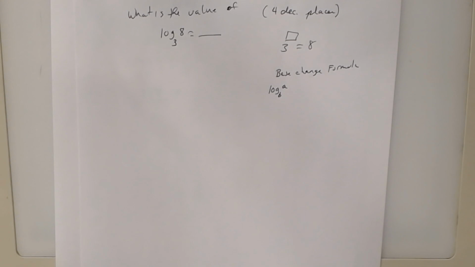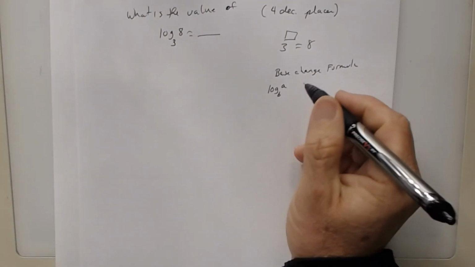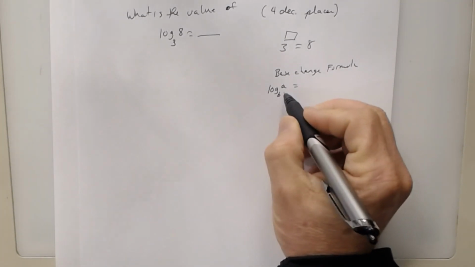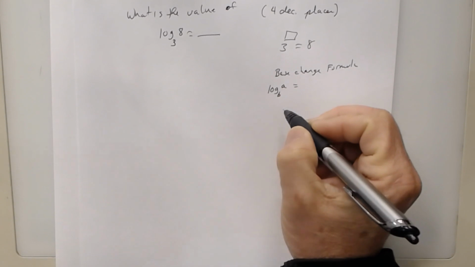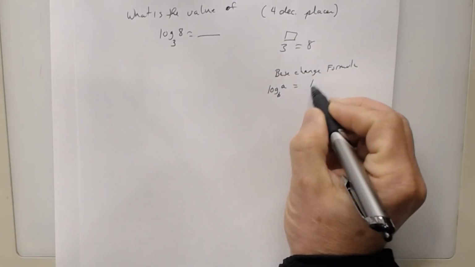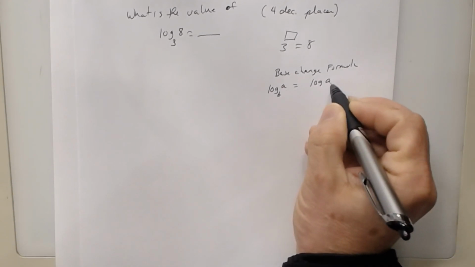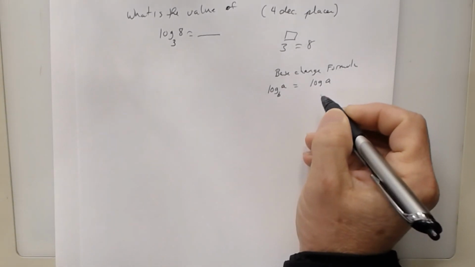Now there's a derivation of why this is true, but we don't have the time for that, so just believe me. If I want to change this to base c, then I would say the log of the argument, which is a, with my new base. What's my new base?